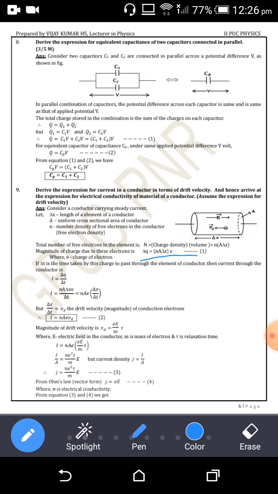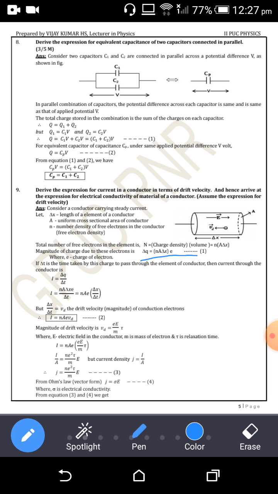What is this delta x divided by delta t? It is nothing but displacement per unit time, from one end of the conductor to the other end of the conductor. So delta x divided by delta t is replaced by v subscript d, which is known as drift velocity. Hence the value of I comes out to be I is equal to nAe vd, which is equation 2.